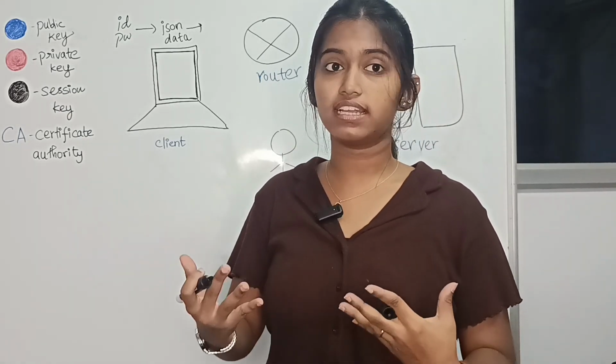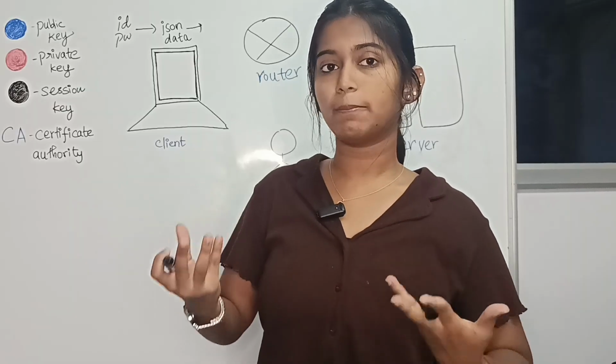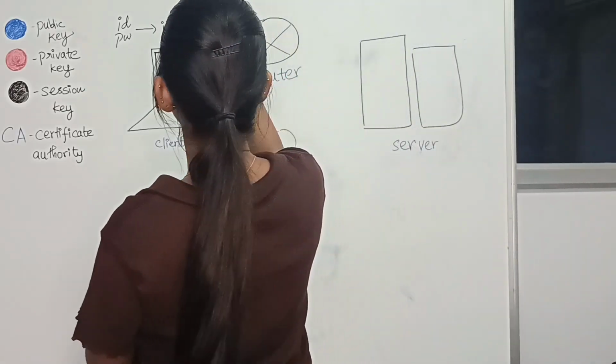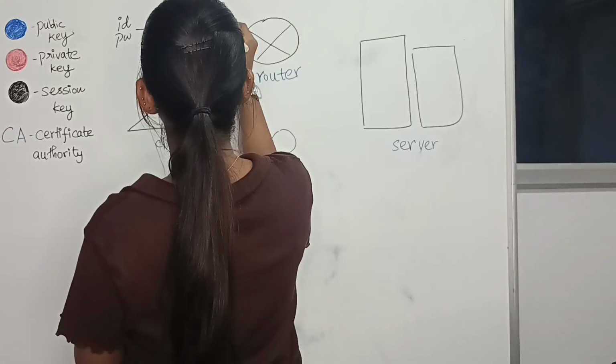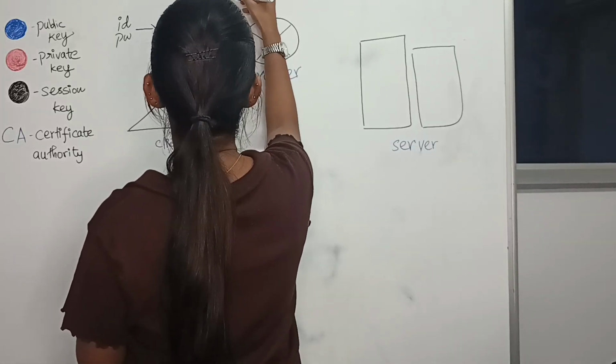Zeros and ones are the data which will be understood by the machine. So it is converted into binary.